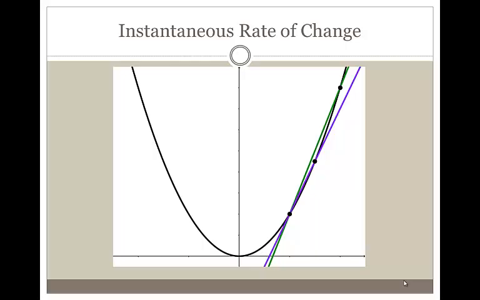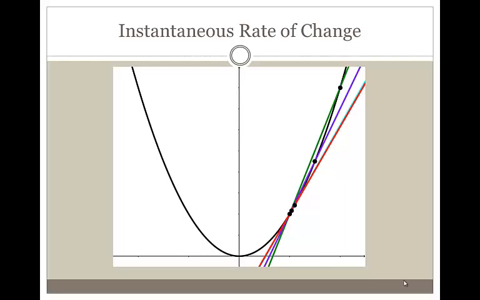By taking the limit as delta x goes to 0, we mean that we are picking our second point closer and closer to our first point, and then calculating the slope of the line between those 2 points. To get a better and better approximation, we had to take a closer and closer point and calculate the slope of the line between them.